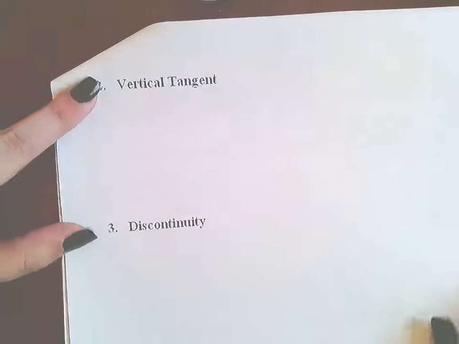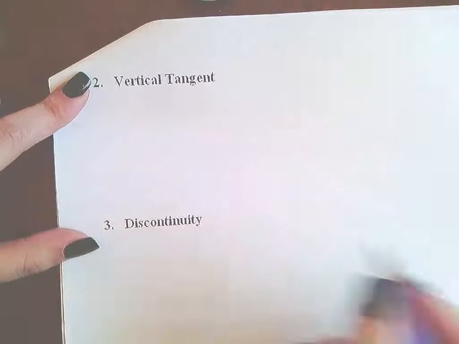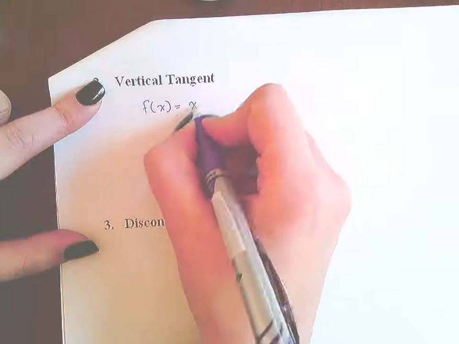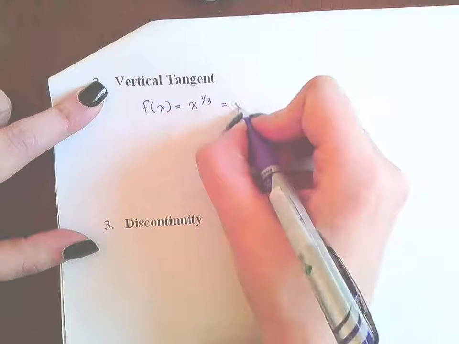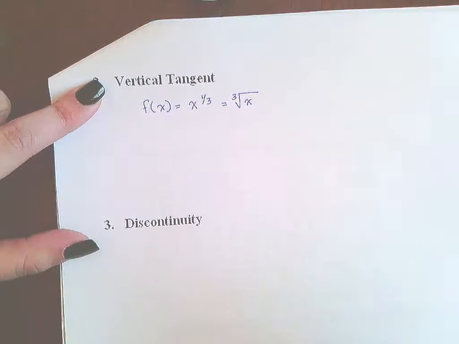All right. Next one is the vertical tangent. An example of a vertical tangent is f of x equals x to the 1/3, which is the same thing as saying the cube root of x.